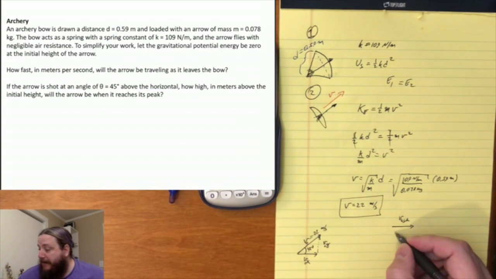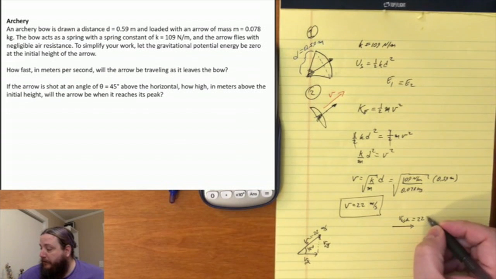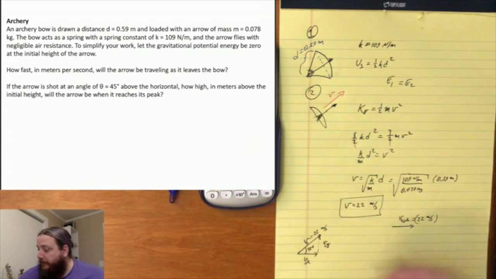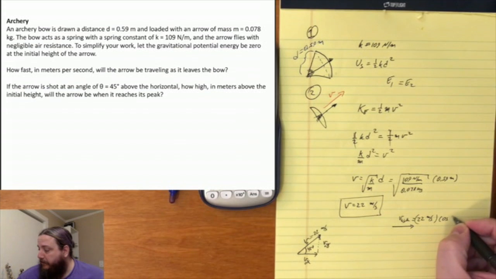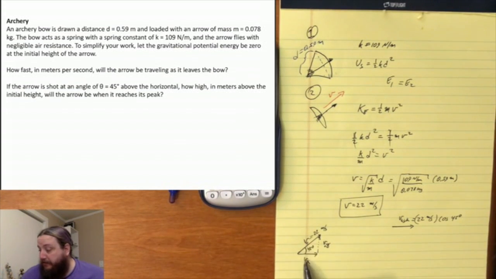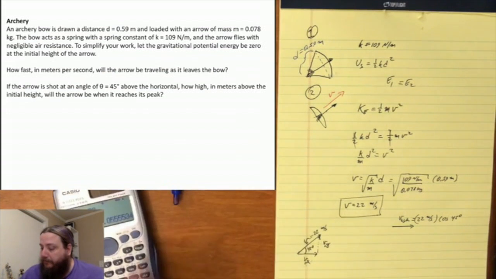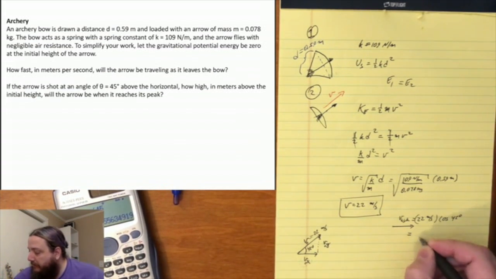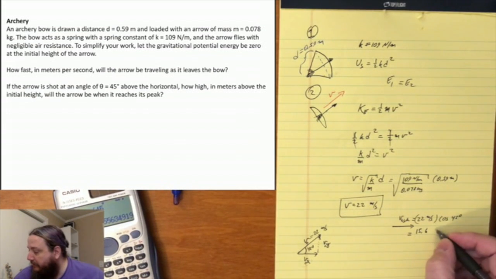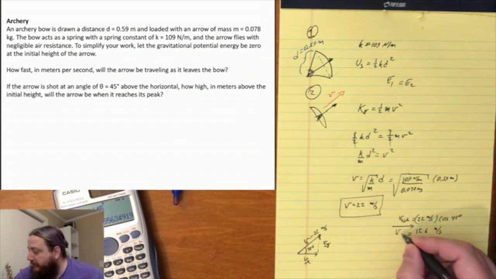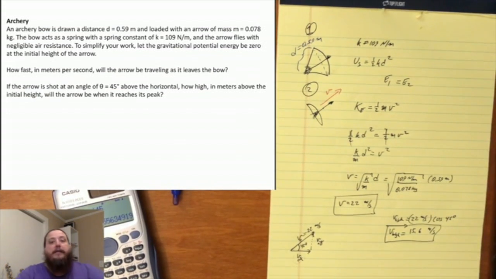And indeed, the magnitude there will be 22 meters per second times the cosine of 45 degrees, because that would be what the horizontal component of the initial velocity is. So 22 meters per second times the cosine of 45 degrees, that's 15.6 meters per second. That's the velocity at its highest point.